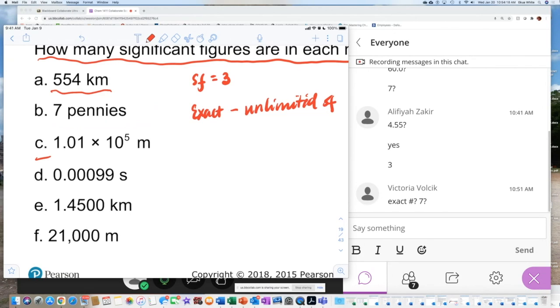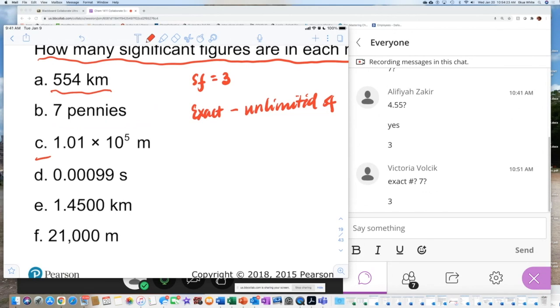Okay. What about C? What do y'all think? C is a scientific notation. 3. We only look at this number here, not that, not that. 1, 2, 3. The 0 is sandwiched between, so we have 3 significant figures. Okay. And then time, we measure time.